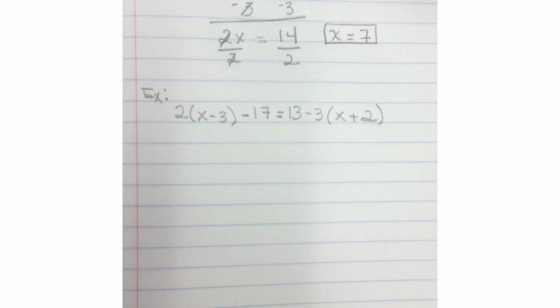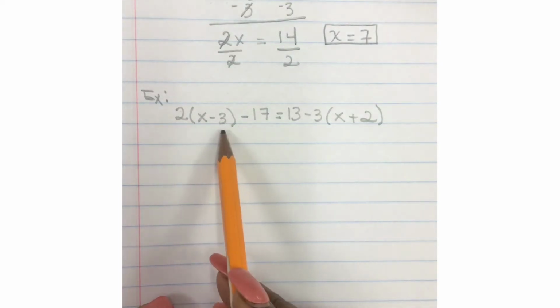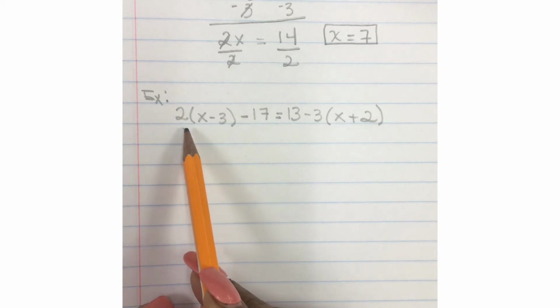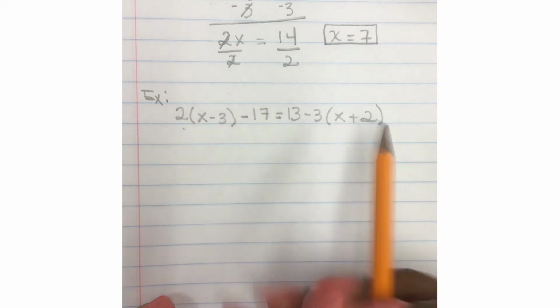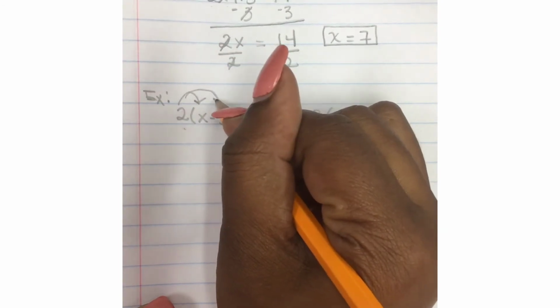And the first thing we see is that we have parentheses, and we have to simplify that by getting rid of those. And the way we get rid of those is we have to distribute what's out front. So if we look at this parentheses, notice we have a 2 out front and it wants to get in. So we have to distribute it inside of the parentheses.